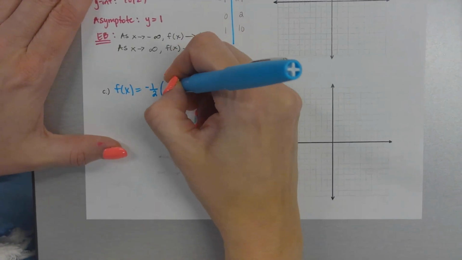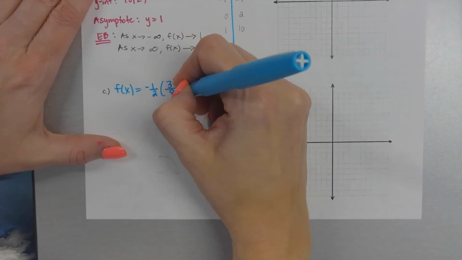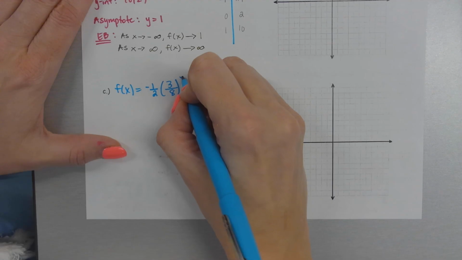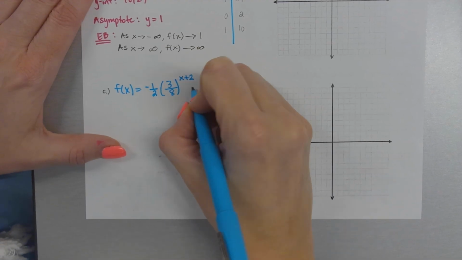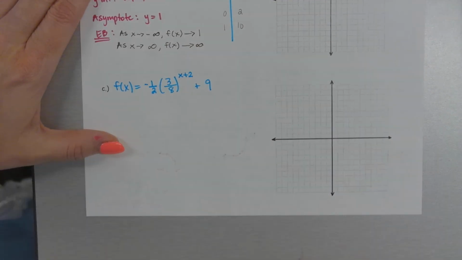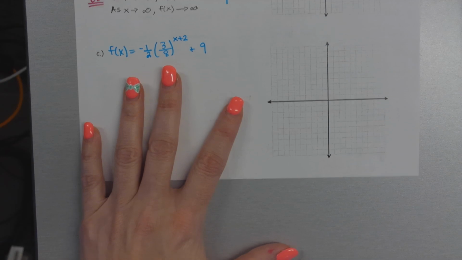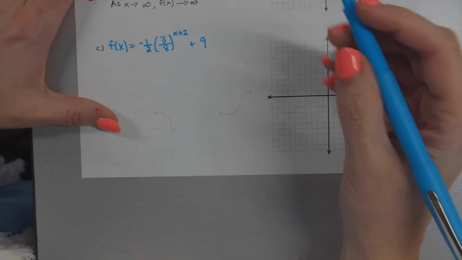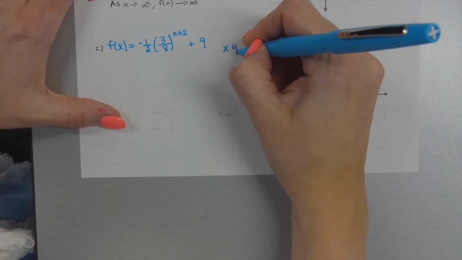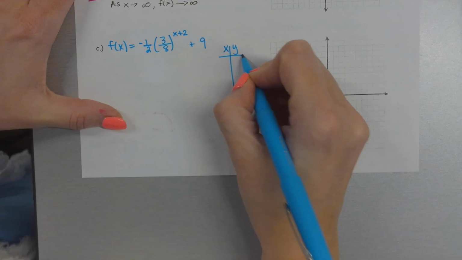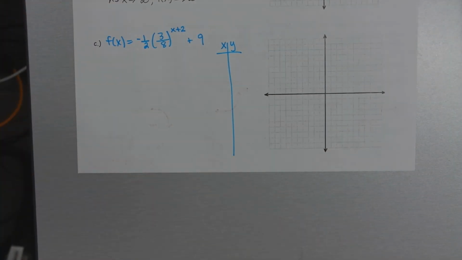Okay. And this is negative 1/2 multiplied by 3/8 to the x plus 2, plus 9. Okay, what is the base for this one? 3/8, which means it has to be decay. And if it's decay, it's approaching the asymptote.